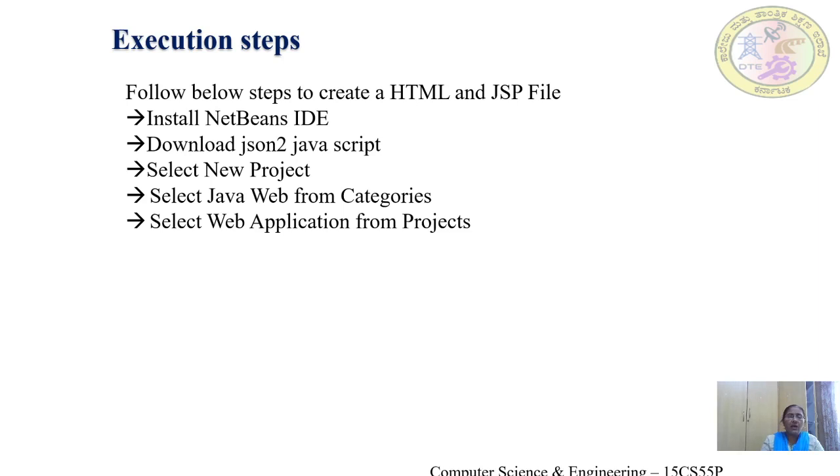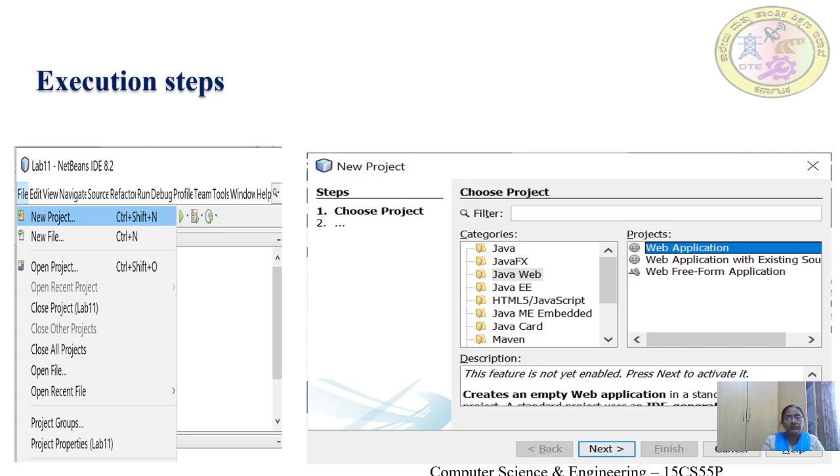Now let us see how to create a web application, then create HTML and JSP files. Once you install NetBeans IDE and open the framework, you can see the menus. When you click on file and then new project, it will ask you to enter the name.